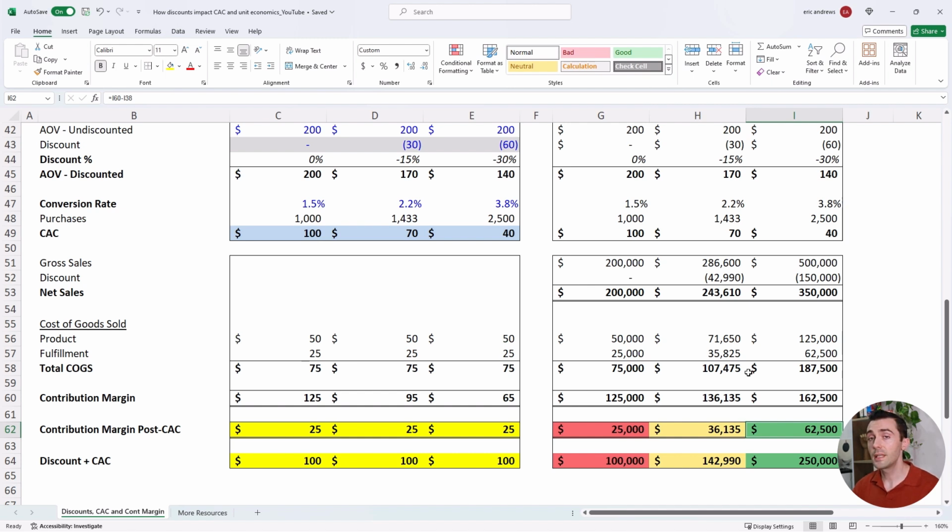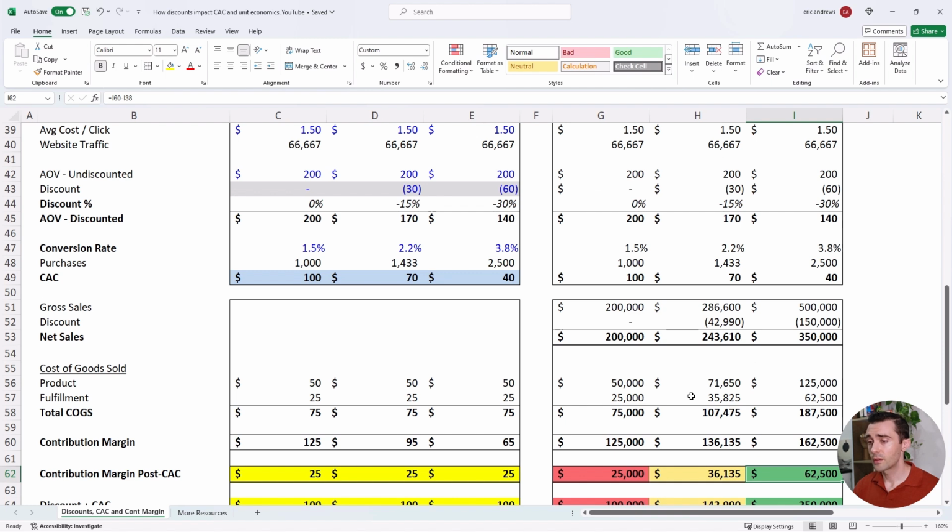So scenario C is the most profitable post-marketing scenario for this, sort of like a future strategy split test, given that we spend the same amount in marketing, sort of like how can we figure out how to drive the most profits. And so I want to make a couple points. There may be scenarios where you have very different contribution margins post-marketing.